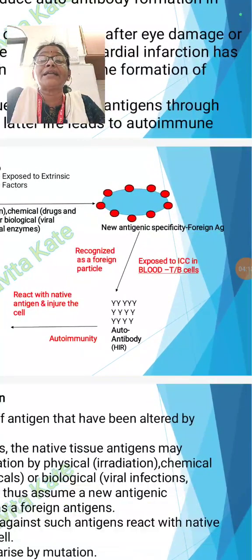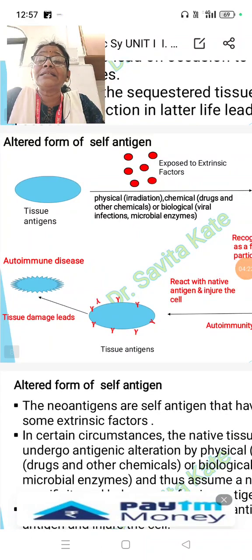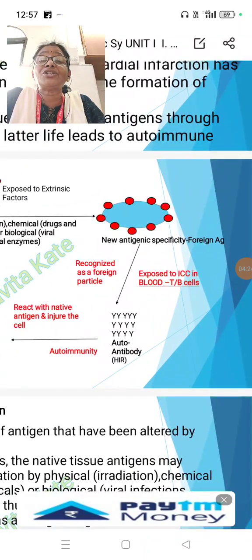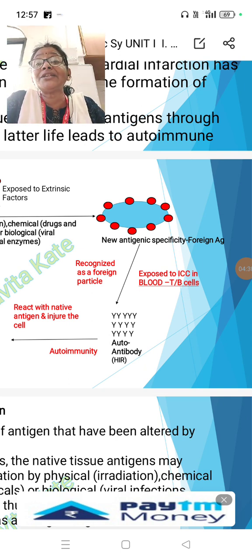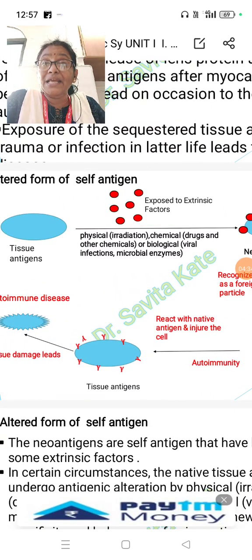After exposure, that tissue antigen changes. Since the embryonic period our immunocompetent cells recognize these tissue proteins, but once they change, our immunocompetent cells recognize them as a foreign particle, because the normal nature is altered. That's why the second mechanism is altered form of self antigen.